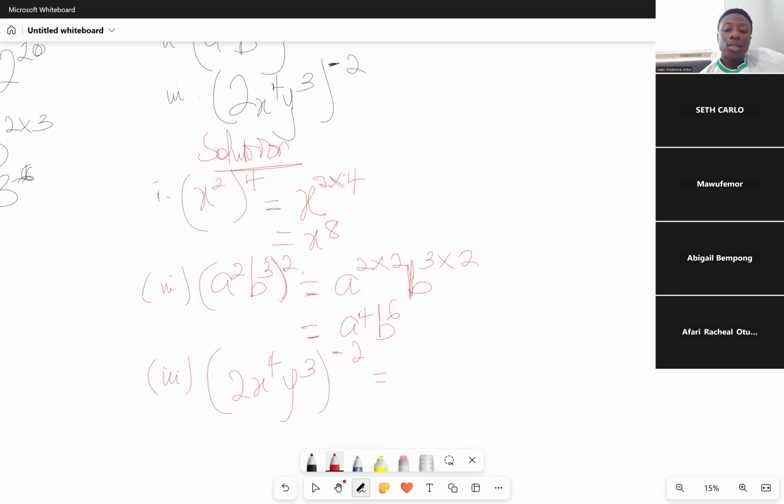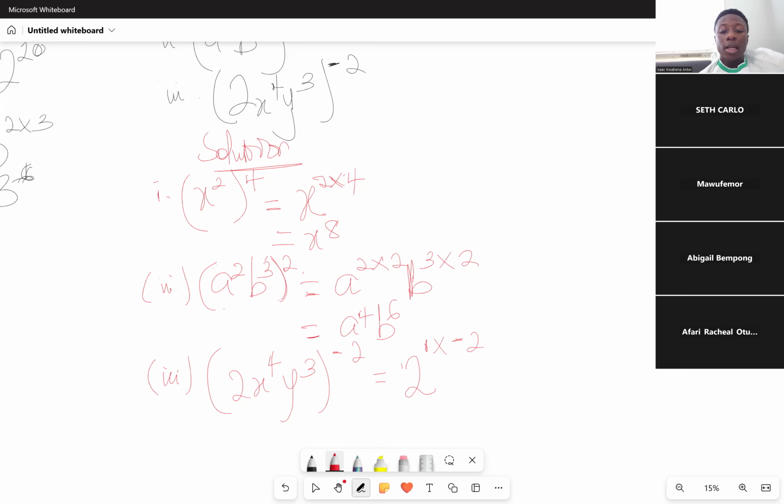So let's begin. I told you any number standing on its own has a power of what? But many of you forgot that. Any number standing on its own has a power of 1. When they are joined together and there is no operation in between, it means they are multiplying. So 2 has a power of 1. So that 1 will be multiplied by what? The index outside.